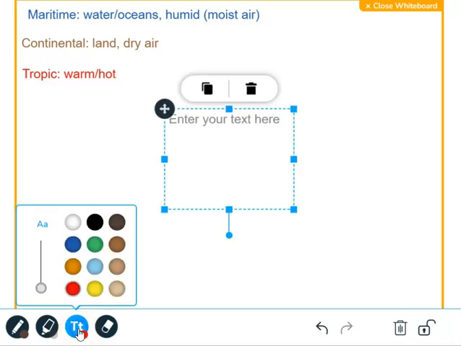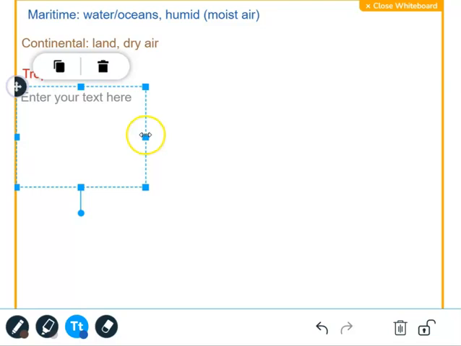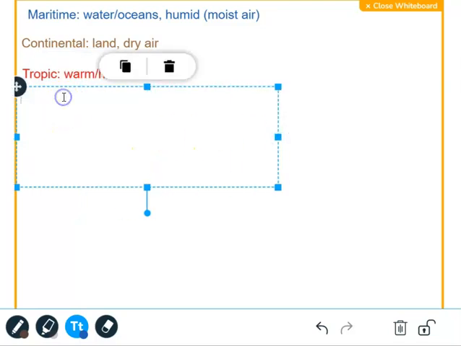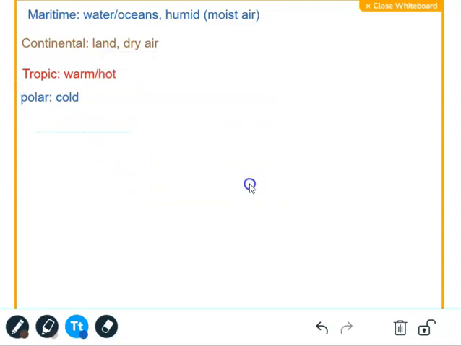Now, when I change this to a blue and I put the word polar up here, what does polar make you think of? All the way back in ecosystems, Riley. Cold, right? This is going to be cold. So I have tropic, which is warm and hot.